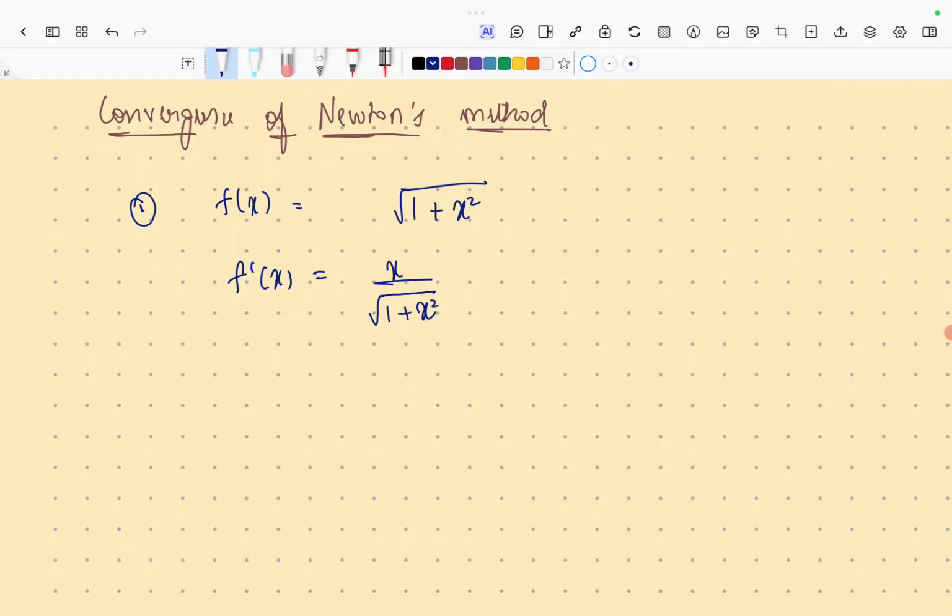What about the second derivative? It's 1 by (1 plus x square) to the power 3 by 2.